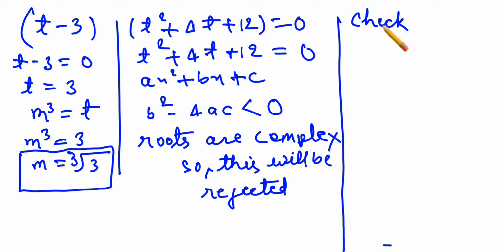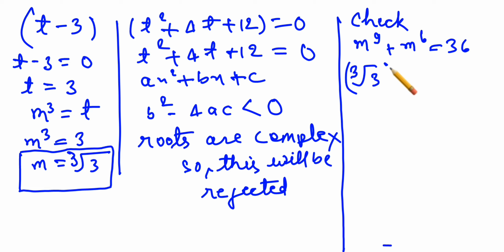Check. We have m to the power 9 plus m to the power 6 is equal to 36. Next we have m equal to cube root of 3. So in place of m we put the cube root of 3, to the power 9, plus the cube root of 3 to the power 6, is equal to 36.